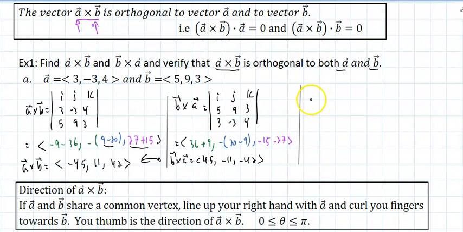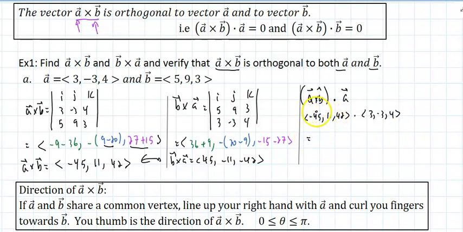If I take A cross B, dot it with vector A, what am I looking for? I'm looking to see if I'm going to get a 0. I'm looking at negative 45, 11, and 42. That's A cross B. Dot it with A. And A happened to be 3, negative 3, and 4.